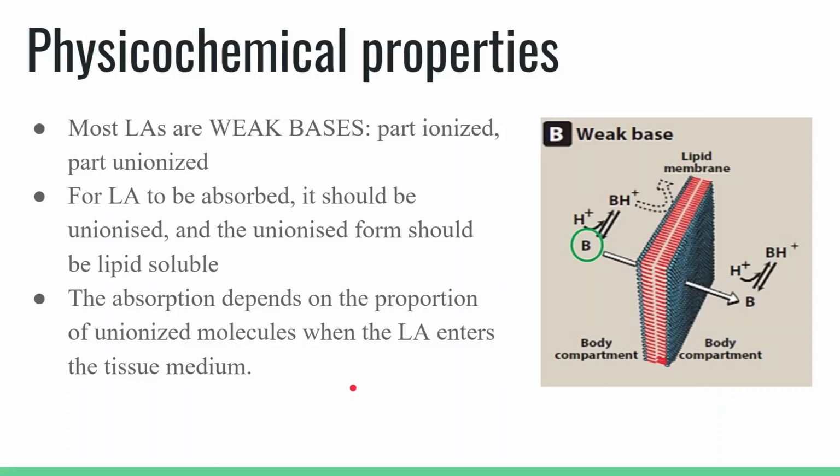Okay? Whereas if the proportion of the ionized form was very high and the proportion of the unionized form was very low, this means that most of it cannot penetrate the membrane, so the onset of action is going to be very slow. Okay, this is why it's important here.